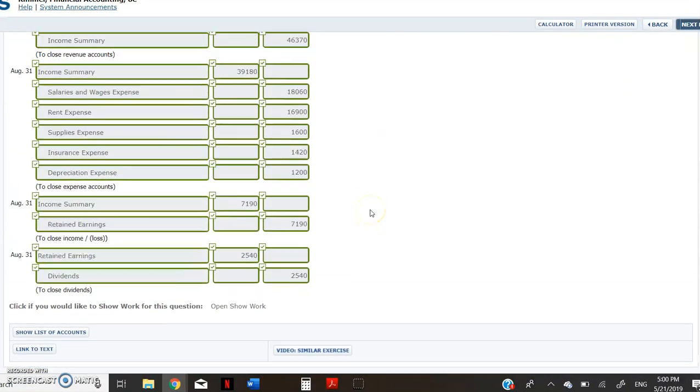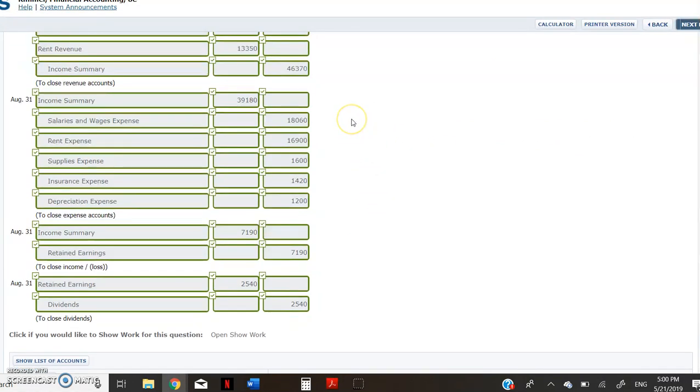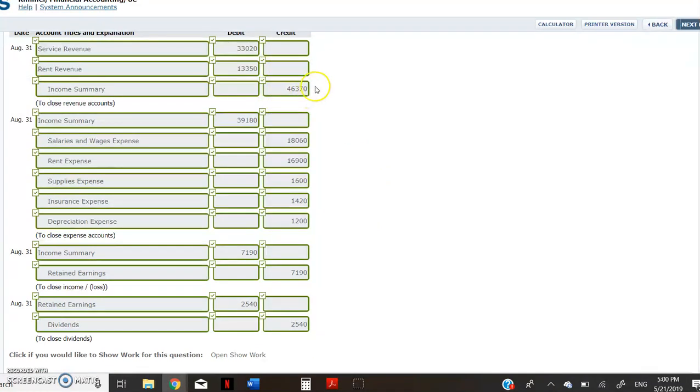Basically, you take your credit from the income summary of the revenue minus the income summary of your expenses, because the retained earnings is your revenue minus expenses, and that gives us a credit amount of 7,190 for the retained earnings. So we need to balance those out, and we put 7,190 into the debit of the income summary.